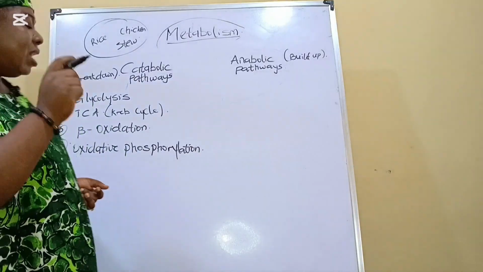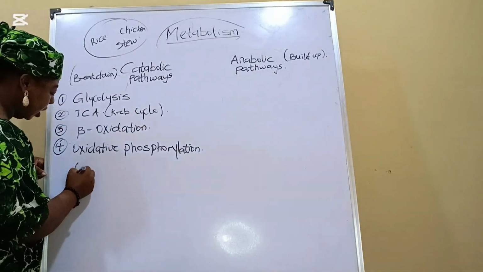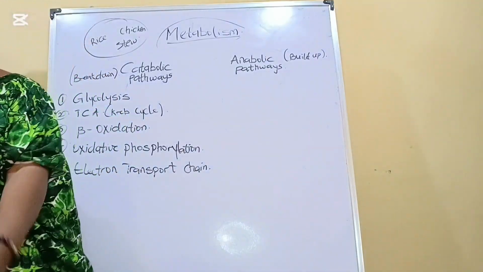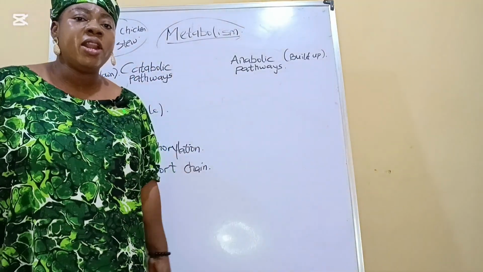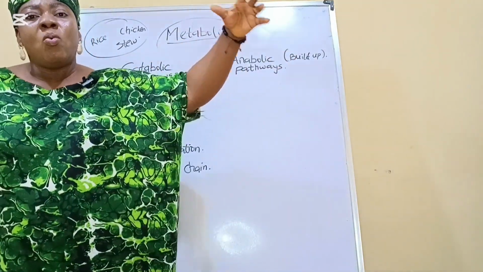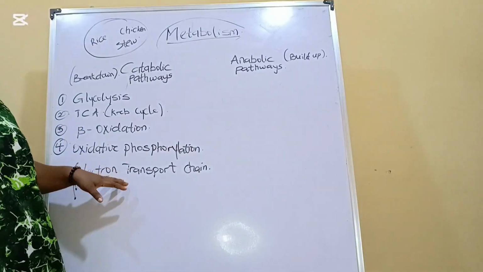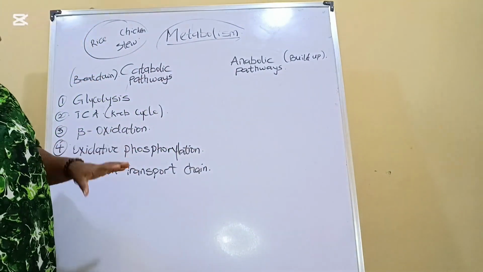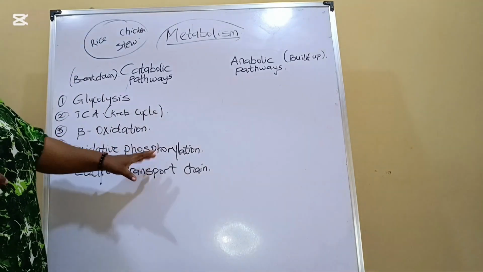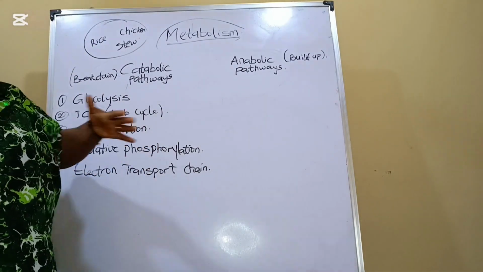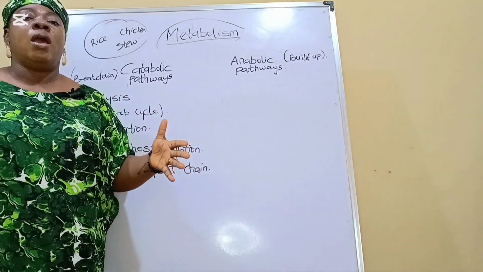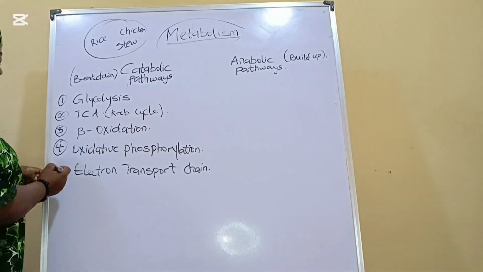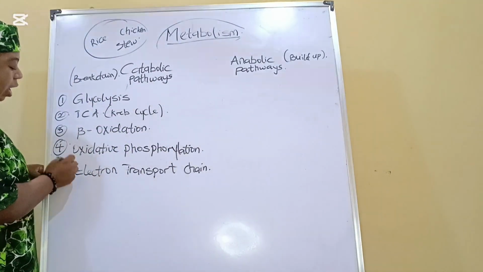This can also be linked to the electron transport chain. This is where electron carriers such as NADH and FADH enter the electron transport chain and deposit the electrons there, which now works with the phosphorylation process and gives energy. So that is the fifth one.